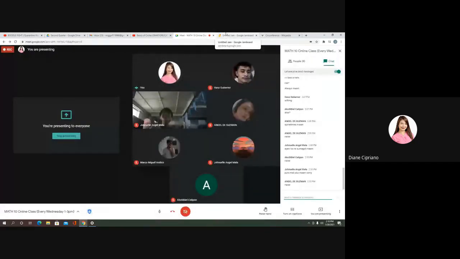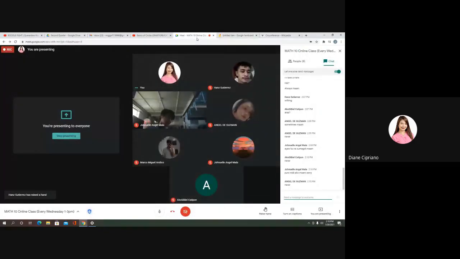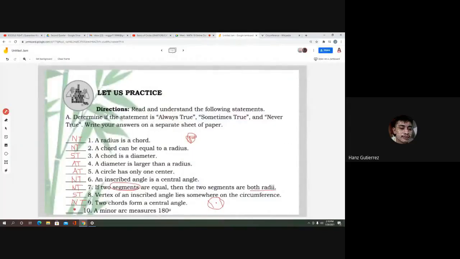Okay. Next. For our last number, a minor arc measures 180 degrees. Yes, Hans. Never, ma'am. Because the one that measures 180 degrees is the semicircle.